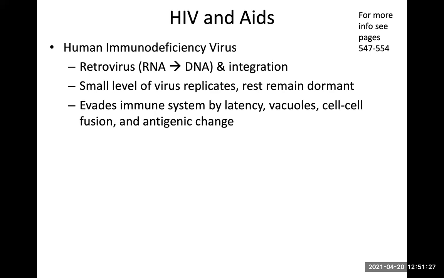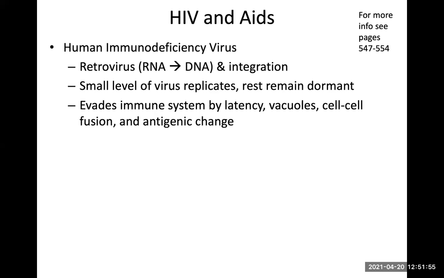There's no specific unique symptoms for HIV. Some people never notice anything at all. Some people might notice cold or flu-like symptoms, but that's it. And so this is the dormant stage, right? Our latency. Okay. So it's evading the immune system. You're not getting a big immune response. You don't really know what's going on. And it can do this through several techniques.